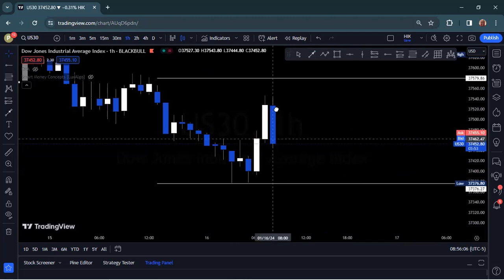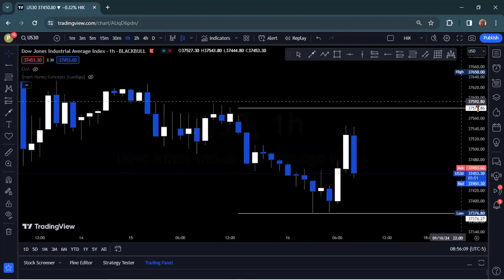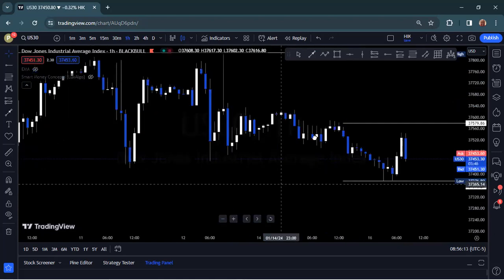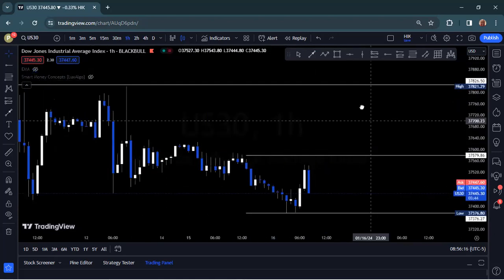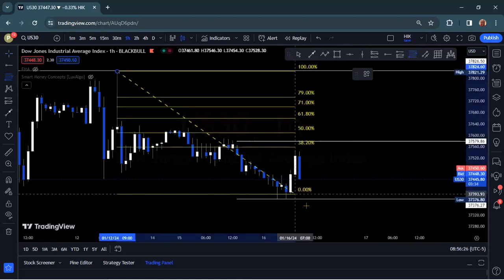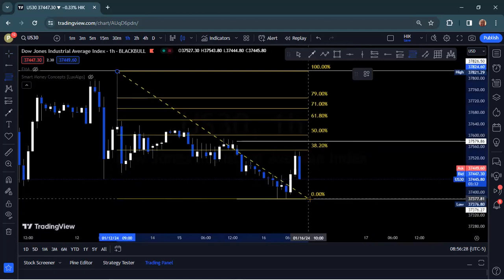So now one of the things you can do, and I usually do this on the hourly, is take your Fibonacci tool, which is this tool right here, and take it from the top, stretch it all the way down to the bottom.